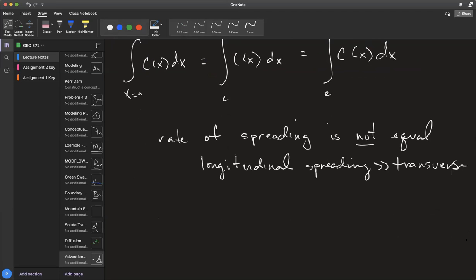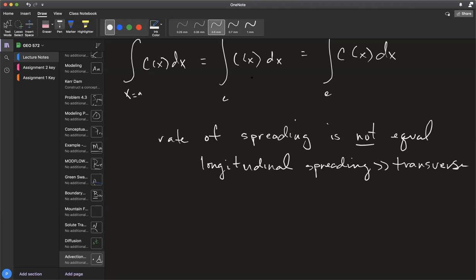It's a tensor, and it is, in fact, a really complicated tensor. We will reduce that tensor to essentially 2 or 3 components. Longitudinal spreading, so along the direction of flow, transverse spreading horizontally, and transverse spreading vertically.